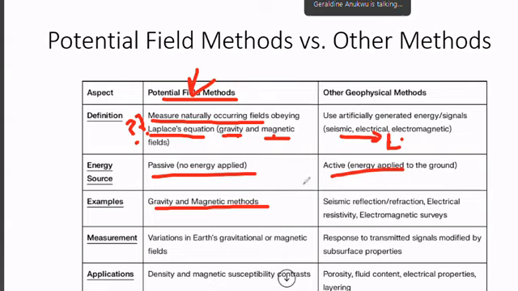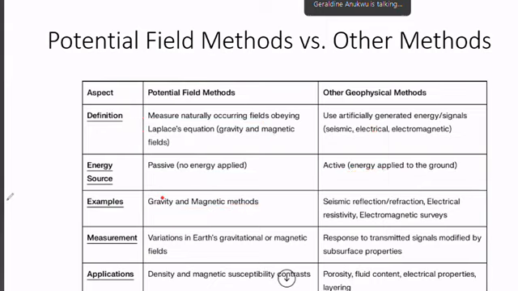All right, so we have the gravity and magnetic methods as classified here. Other methods apart from gravity and magnetic are not classified as potential field methods. Another thing we need to note is their measurements.